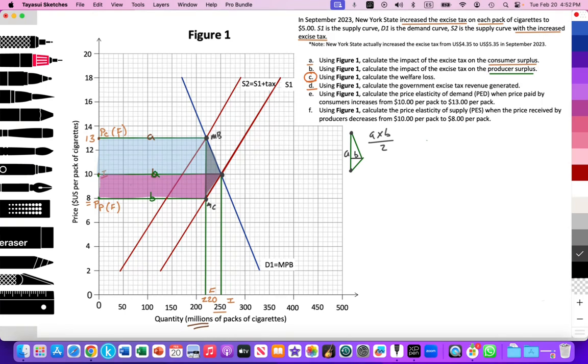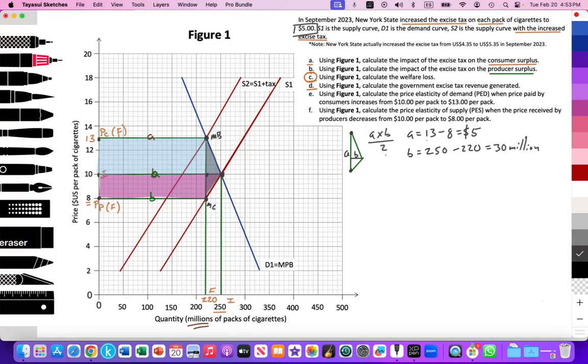The length of A would be equal to the price paid by consumers of 13 minus the price received by producers of 8. 13 minus 8 equals $5, which makes sense because it's a $5 tax. Now we're going to multiply that by the base, and the base is equal to this distance here: 250 minus 220, 250 million minus 220 million. That works out to 30 million.